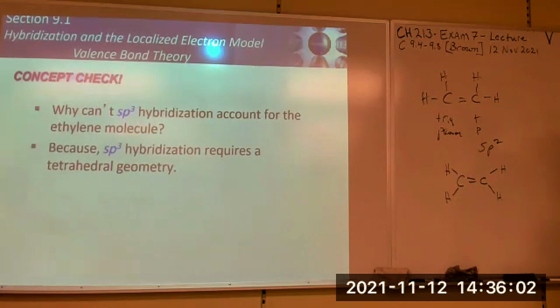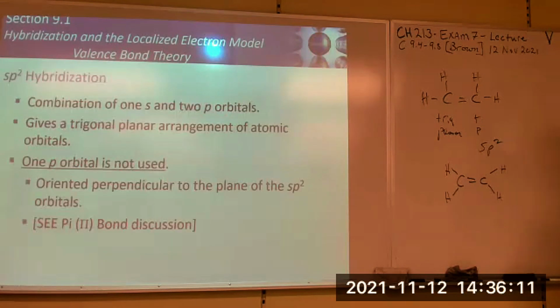Okay, so sp3 hybridization will work because that gives you 4 equivalent orbitals, and then you'd have 1 left over just hanging out there. So we do sp2 hybridization to give us the trigonal structure, and then the double bond comes from an unused p orbital. Say this is p x and y used in that one. This is the z orbital that's not hybridized.